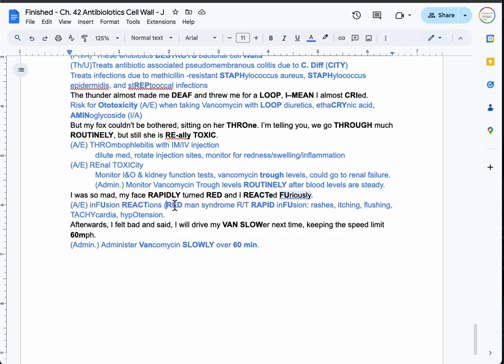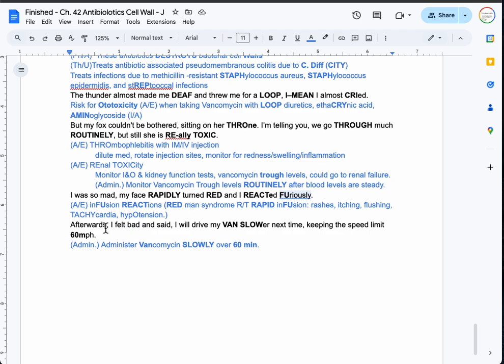Infusion reactions, or red man syndrome, related to rapid infusion, include rashes, itching, flushing, tachycardia, and hypotension. I turned red. The red man syndrome happens because you infuse too rapidly.